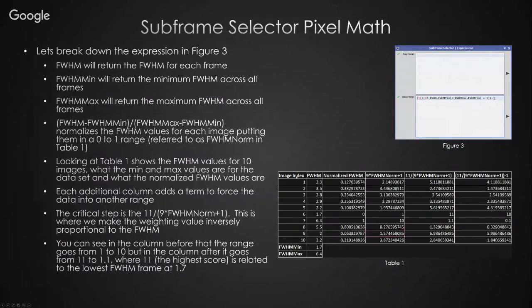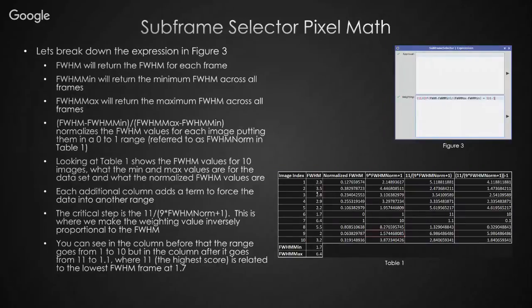And you can see when I step through the table what that's actually doing. So let's go through the table a little bit and walk through. The table shows incremental steps of adding the expressions, right? The first column is just the image index. The second column is the actual full width half maximum average for that image.